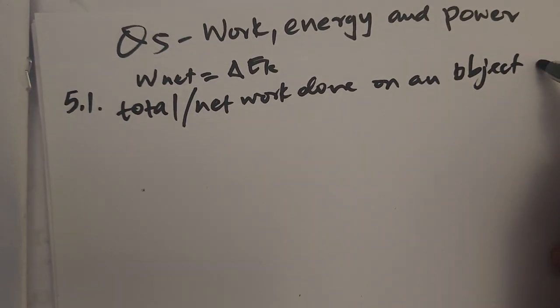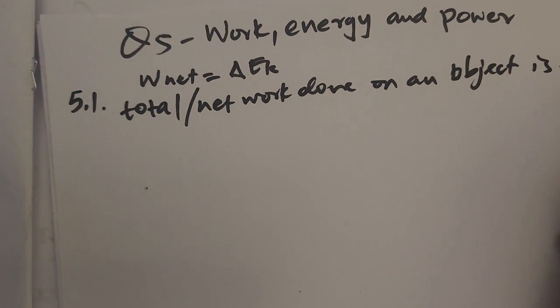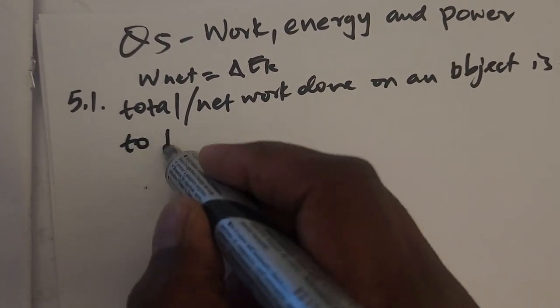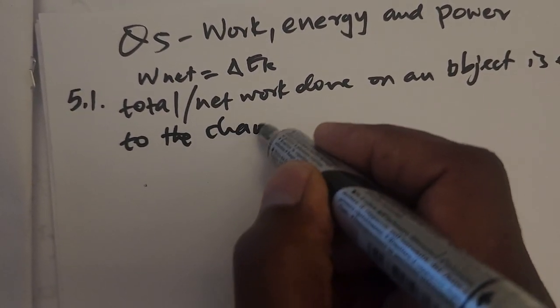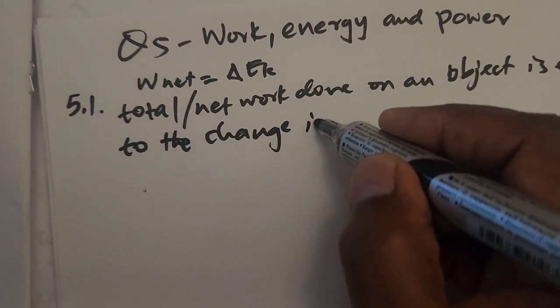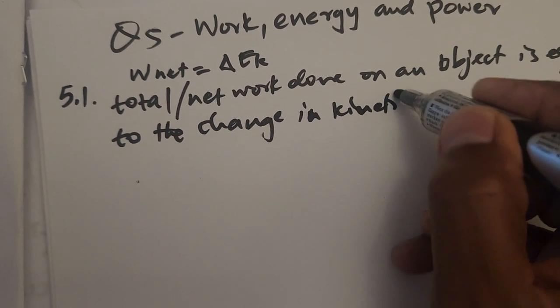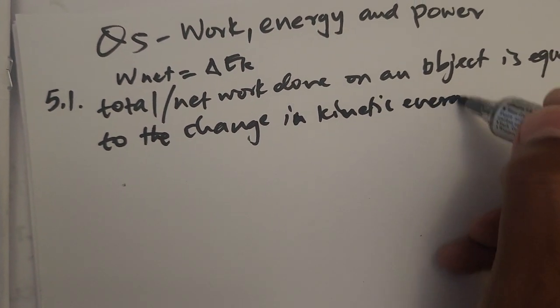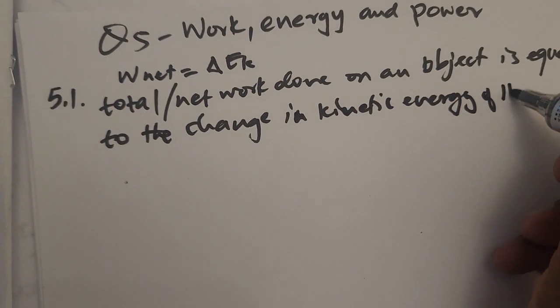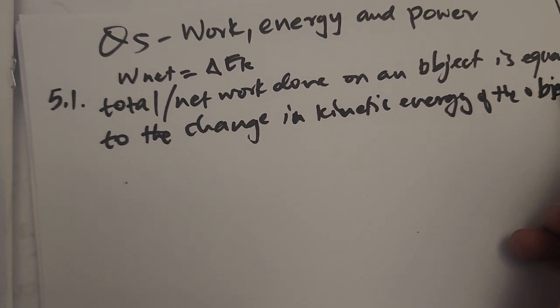on an object is equal to the change, that is the delta, change in kinetic energy of the object. That is the first one.